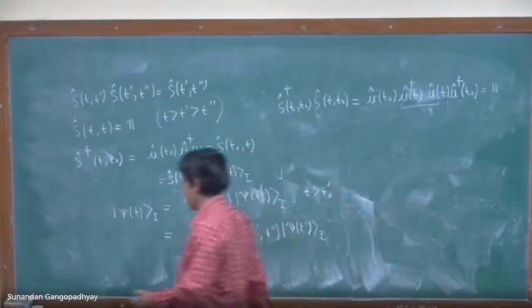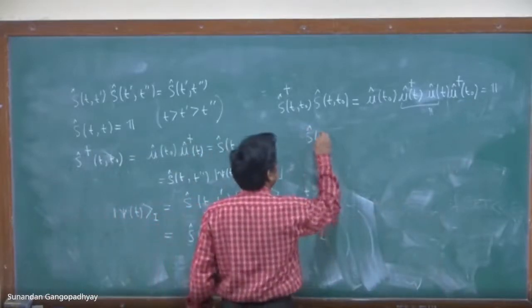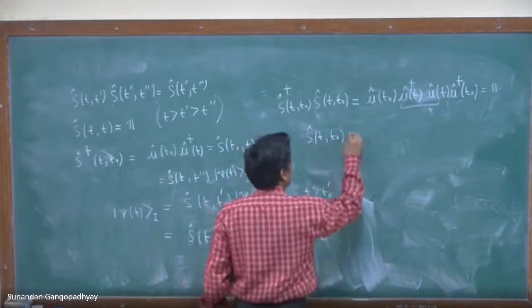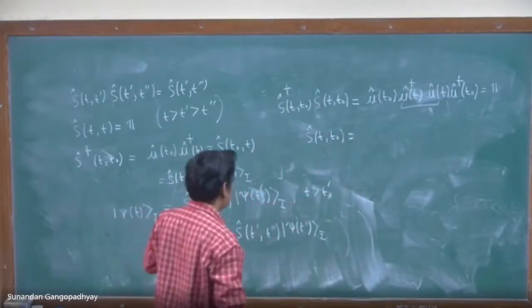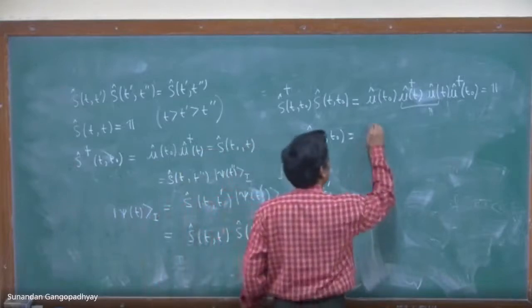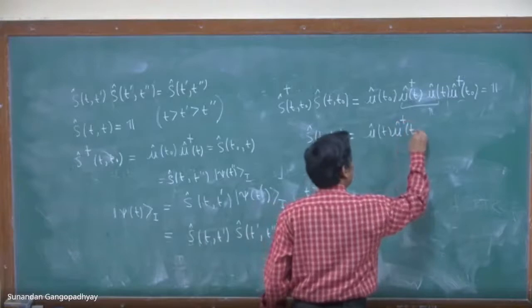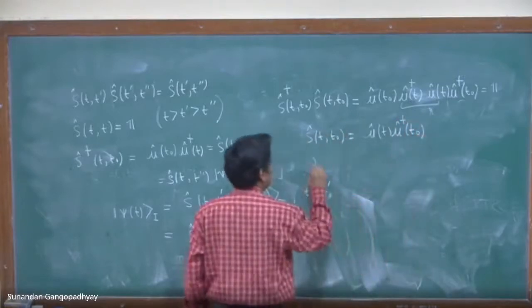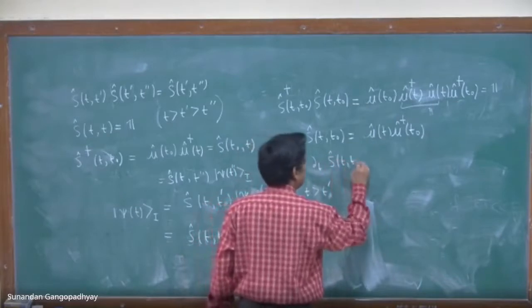So we have this relation, that S hat T comma T naught is U hat T, U hat dagger T naught. Now let us take a del T of this S hat T comma T naught.